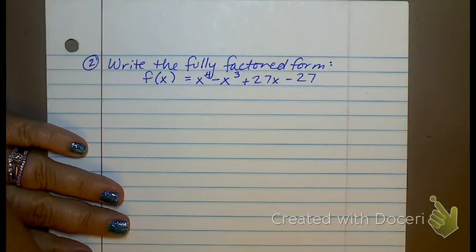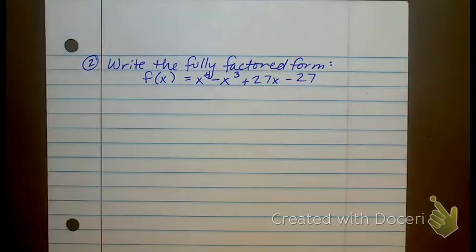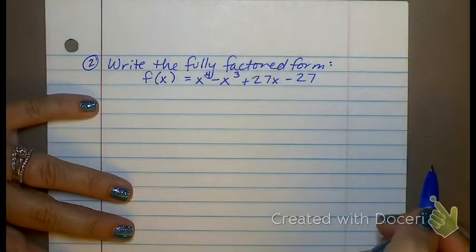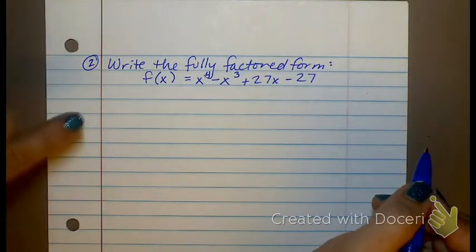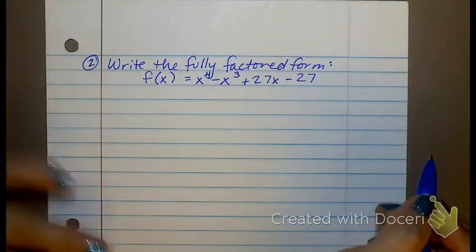Now, this one's kind of different because we actually could factor this using one of our methods. We could use grouping to factor this because when you break it down, it does work out nicely. But I'm going to use the non-grouping method just because you guys know how to use grouping. I'm going to show you how to do it if you can't.